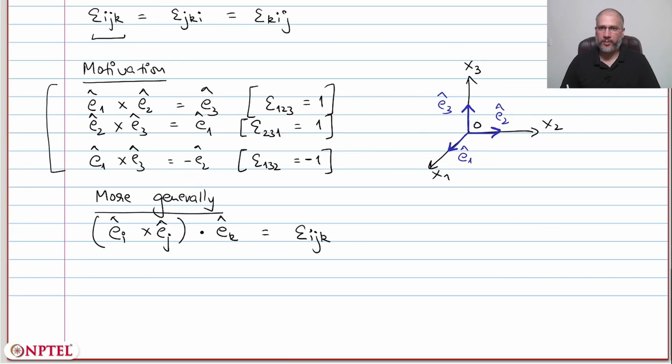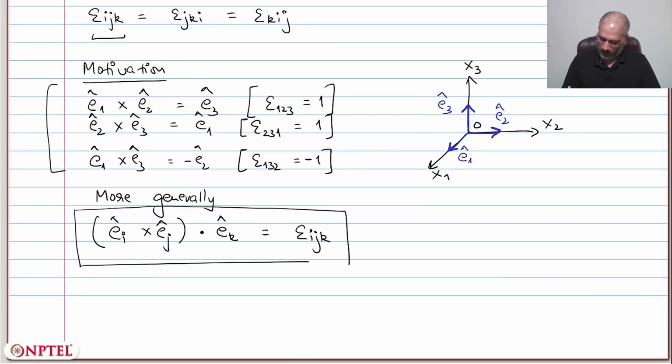So that's another way to define epsilon ijk, the permutation symbol, using unit vectors that we have done here. In fact, this is a very important expression, so I will put it in a box.